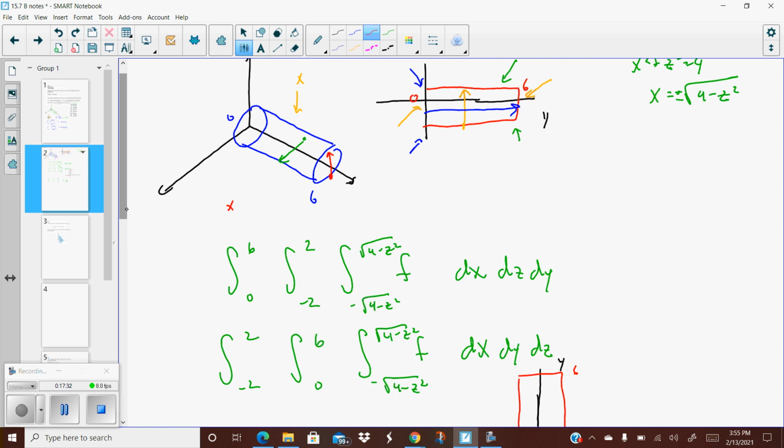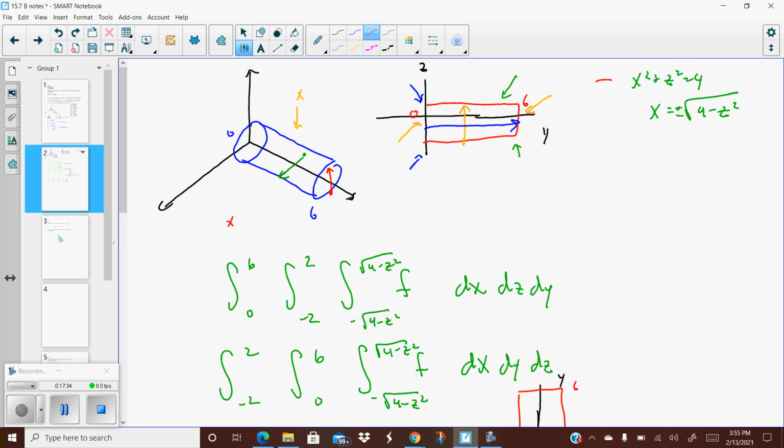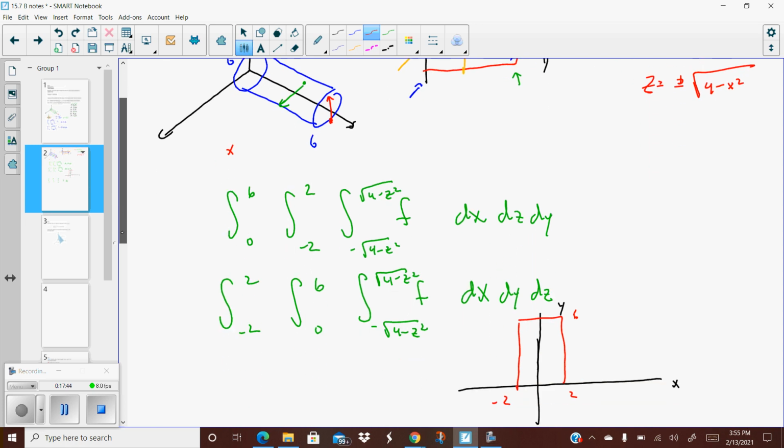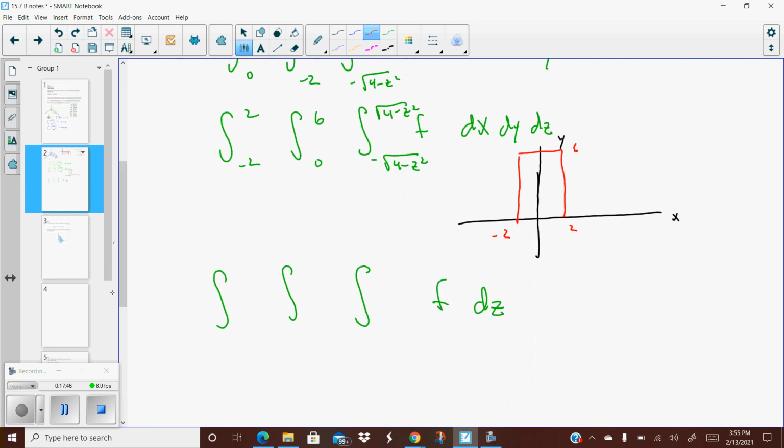And we have the formula up here, which we can solve for z. So z is going to vary from the plus or minus square root of 4 minus x squared.